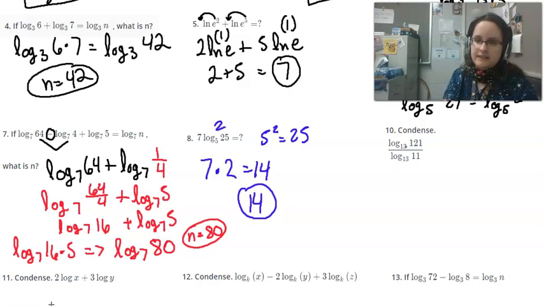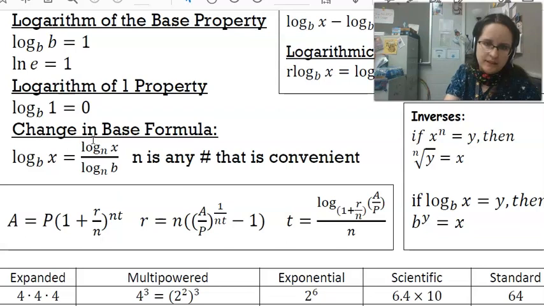Number 10, condense. Log 13 of 121 divided by log 13 of 11. By looking at this, it looks like it's already simplified, but if you look at it closely, it has the form that you could use as a change of base. So we start with the change of base, and we want to turn it into a single logarithm.